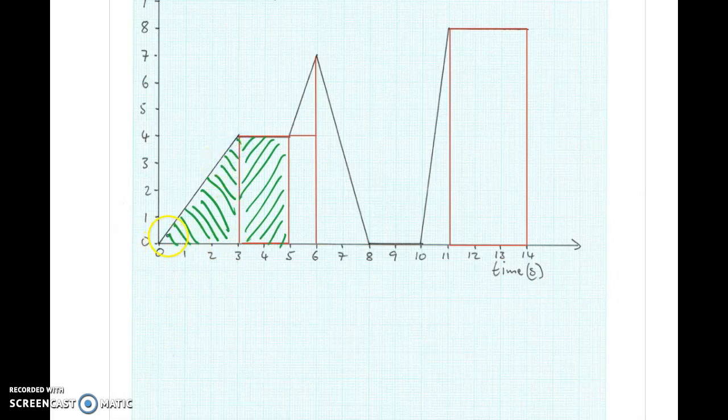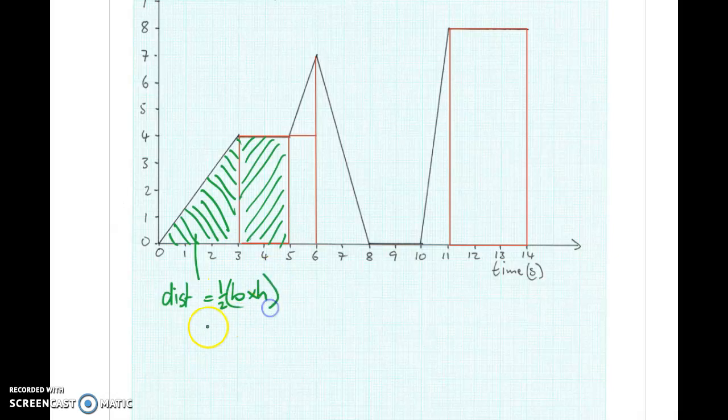Because this does not have the same velocity all the time, its velocity increases from 0 to 4. So actually what we do here is work out the area of this triangle. So we can say that the distance for that part equals a half the base times the height of the triangle.